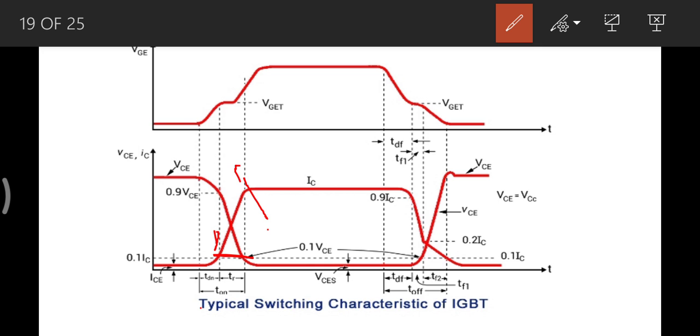This is with respect to collector current. Similarly, we can define it with collector voltage as the time taken to fall the collector emitter voltage from 0.9 VCE to 0.1 VCE. It is considered as the rise time. Okay?